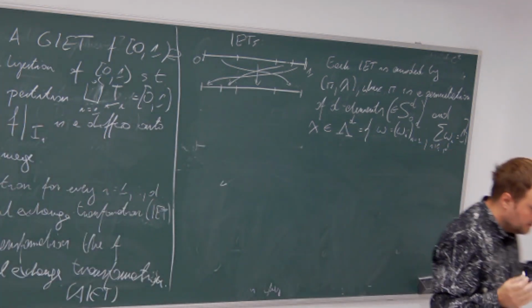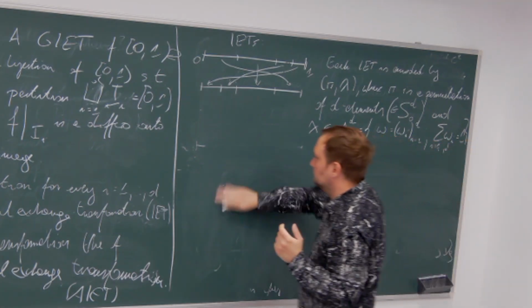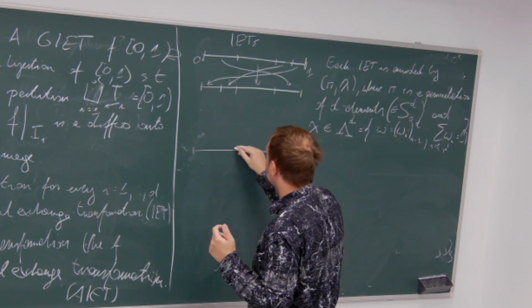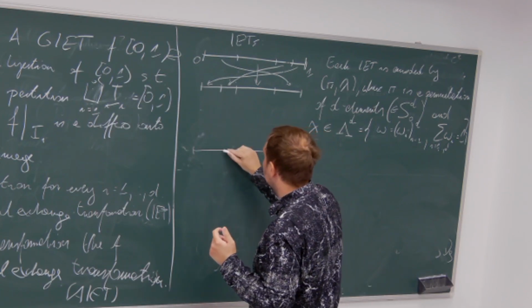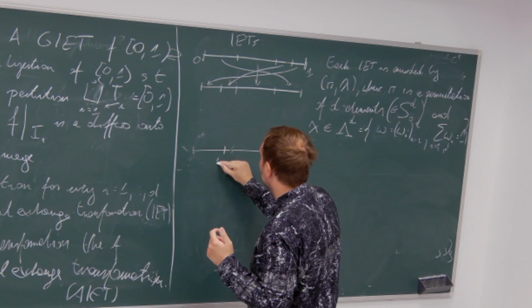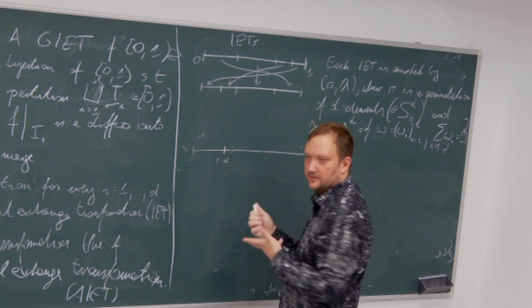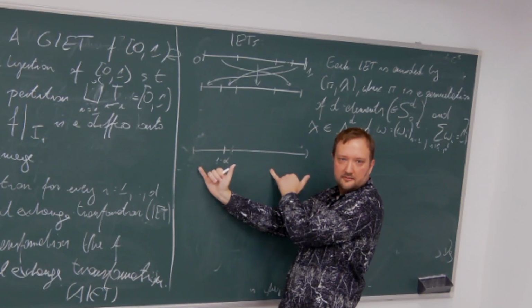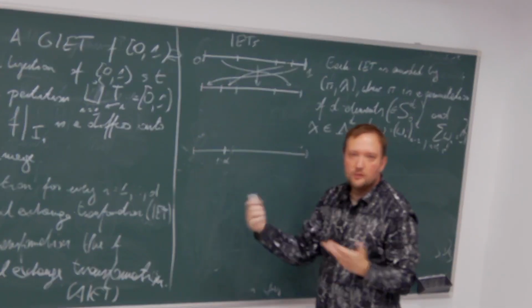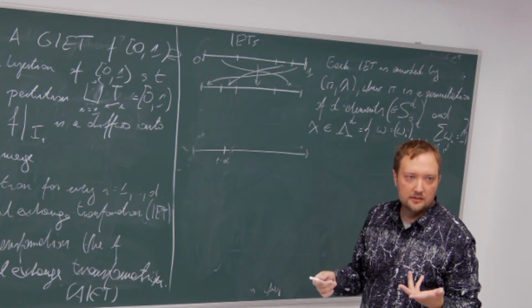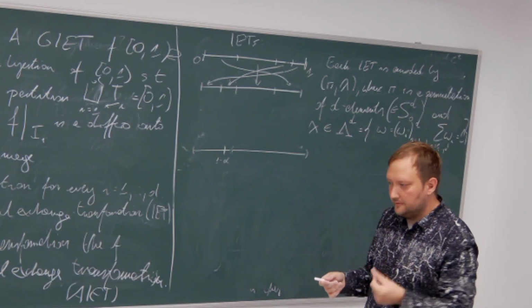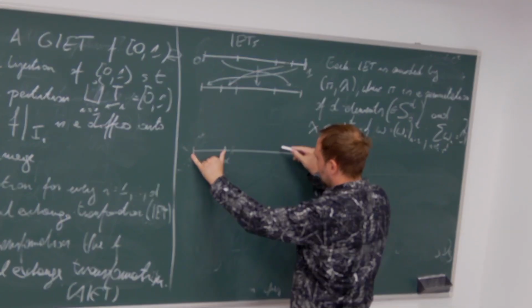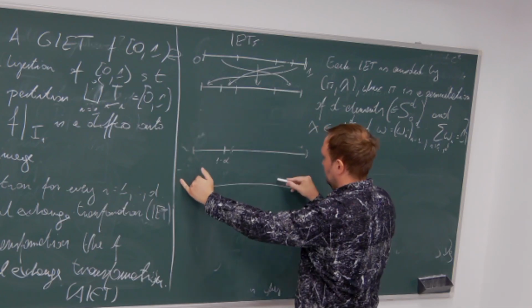So how can we see, if I have a rotation, for example, with lengths 1 minus alpha and alpha, a rotation is just an interval exchange of two intervals. How can I find a1, for example, the first partial quotient? What I can do is cut my domain over here.